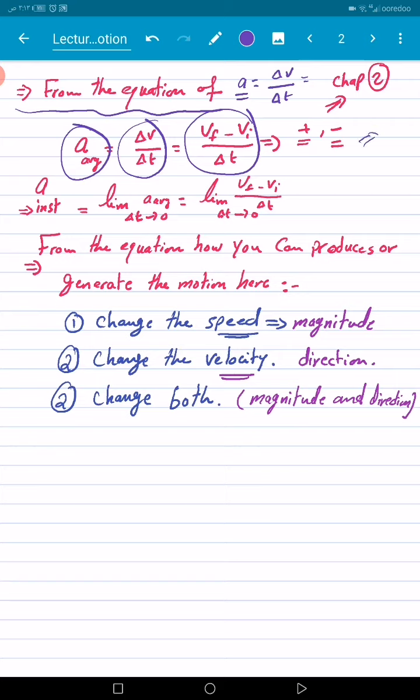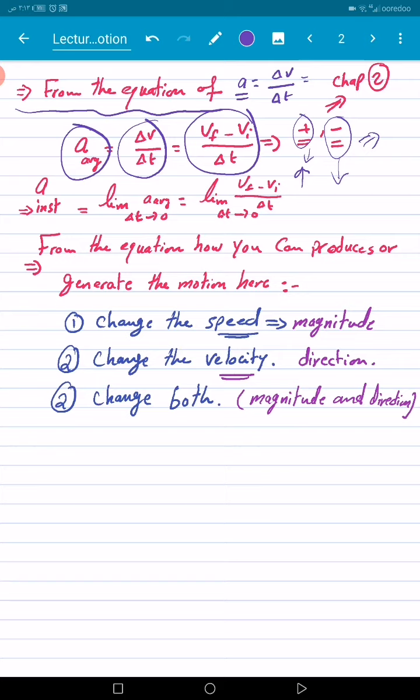In chapter 2 we know the average acceleration may be positive or negative, and it depends on the direction of the velocity. The velocity as a vector may be in the same direction and positive, or in the opposite direction and negative.